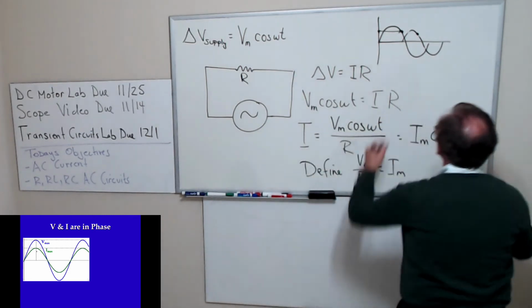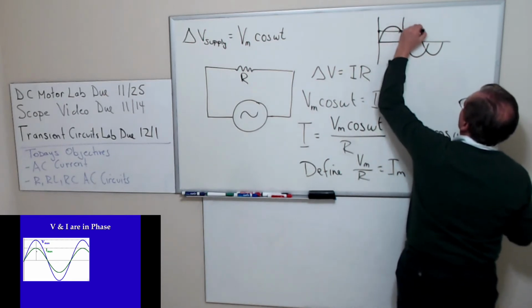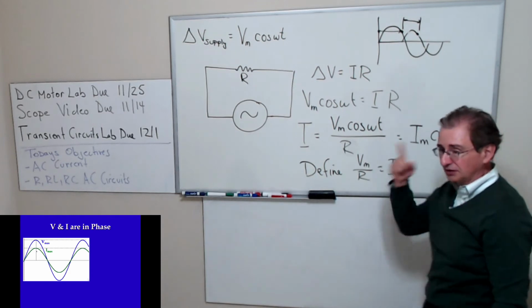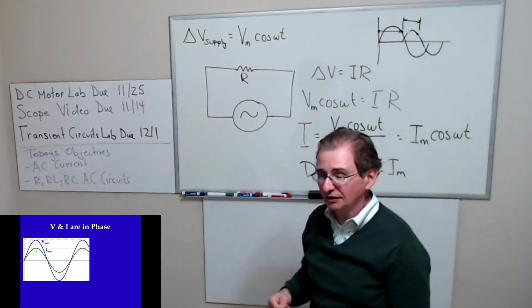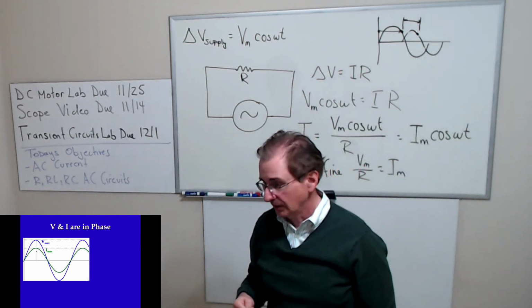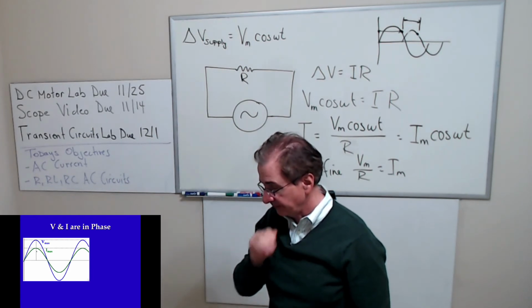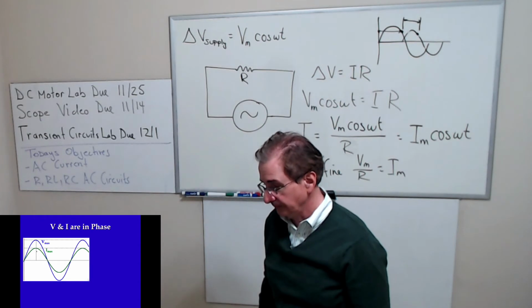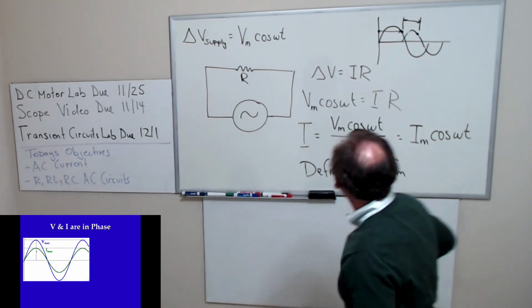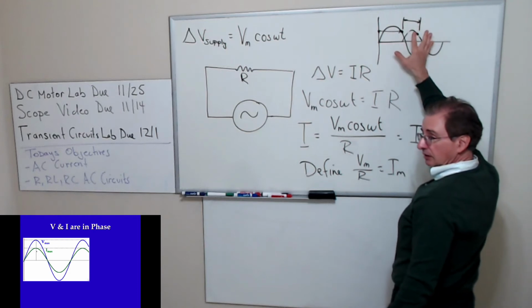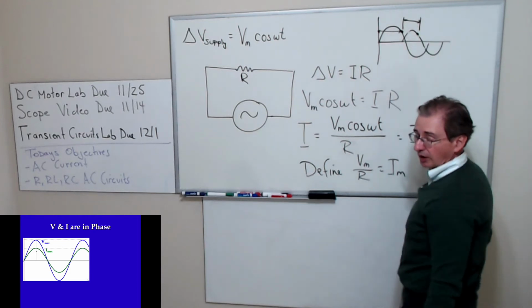And the phase difference is related to the difference in time between those. You've got to convert that to an angle. Does that make sense? So if they're a quarter period off from each other, they're going to be pi over 2 out of phase.